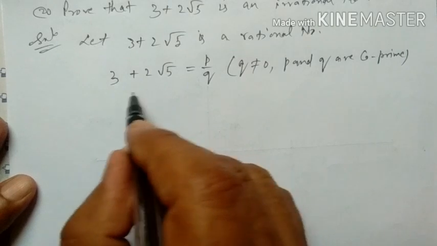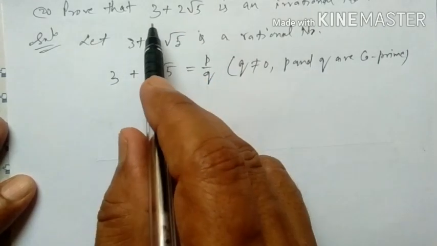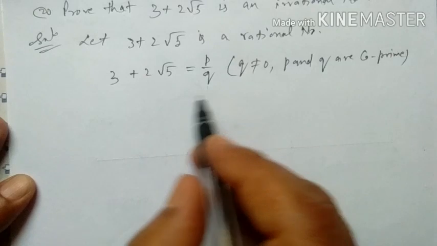So this type of irrational number we will solve like this.